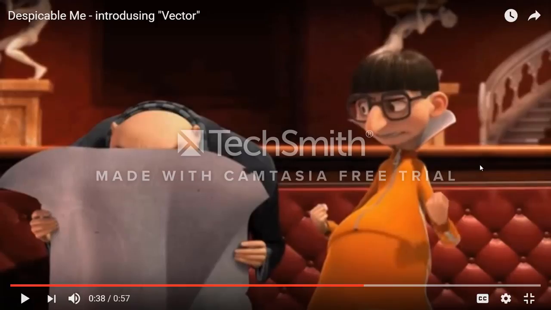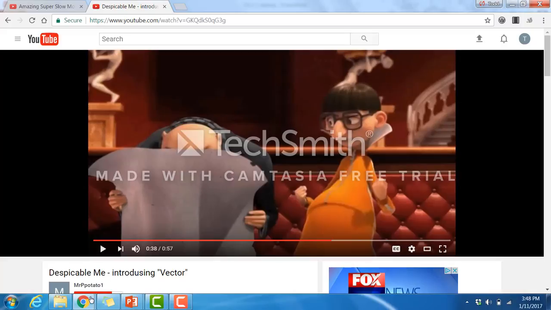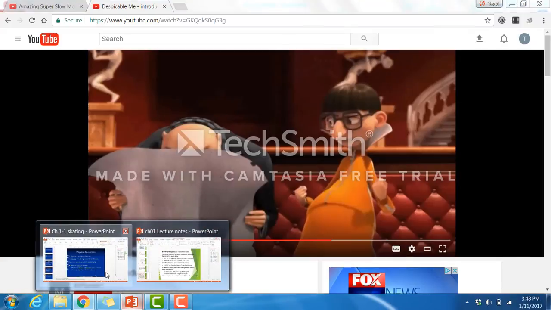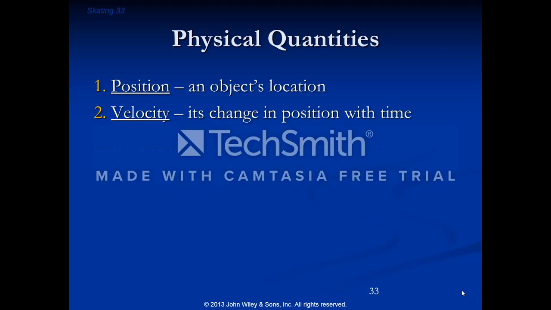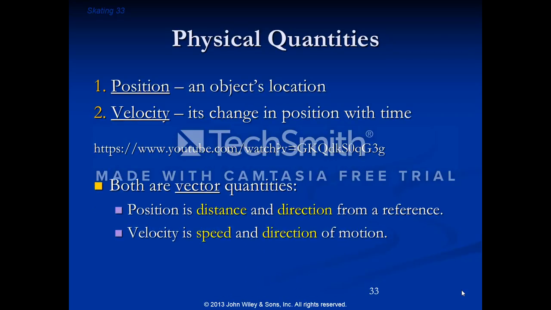That's the response I sometimes get when talking about physics and getting excited, but that's okay. So that's Vector telling us what a vector is. Well, as he just mentioned, it's a physical quantity with both magnitude and direction. So both position and velocity are vector quantities because they have both direction and magnitude.